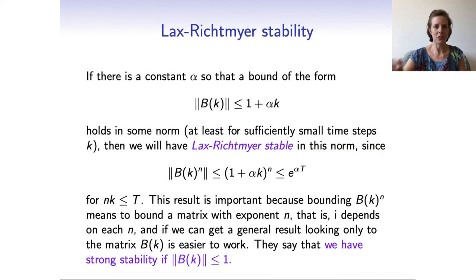So if there is a constant alpha so that a bound of the form exists, remember that B of k is a matrix, okay?